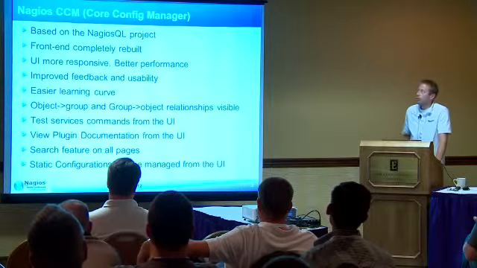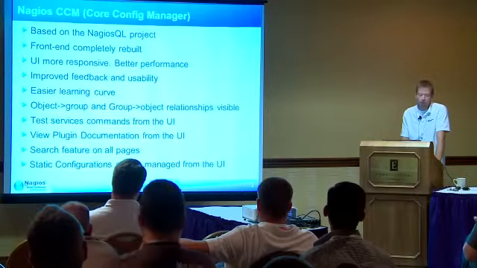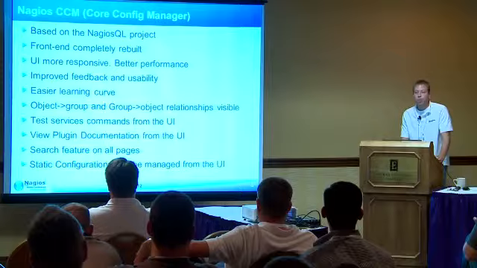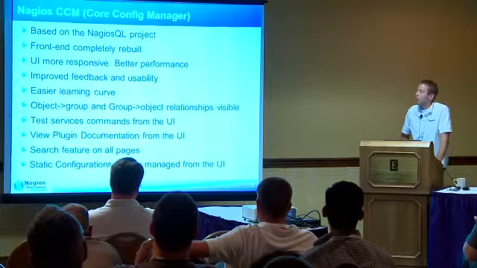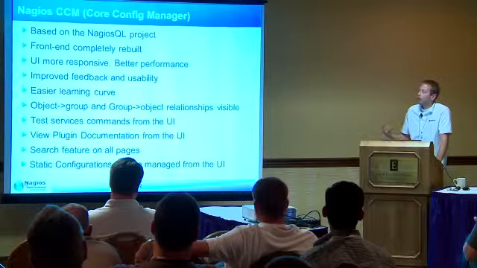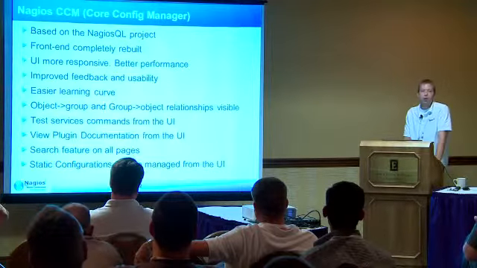It's a revamp of the existing core config manager that was included with Nagios XI. This is based on the Nagios QL project, and back when we first released Nagios XI, it was based on Nagios QL 3.0.